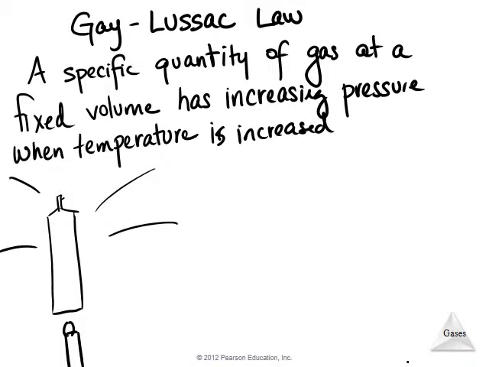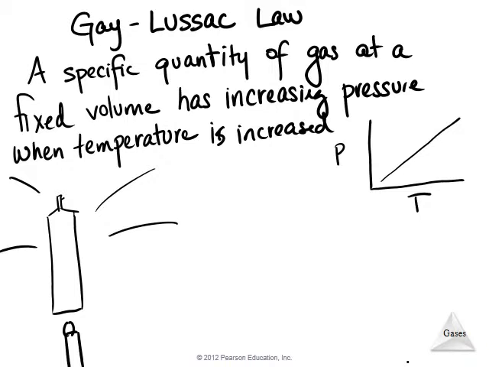Okay? So we know that the plot for that we're going to see is, if we are increasing the temperature, what's going to happen to the pressure, and we're going to see that increase. We're going to get that nice linear plot again.